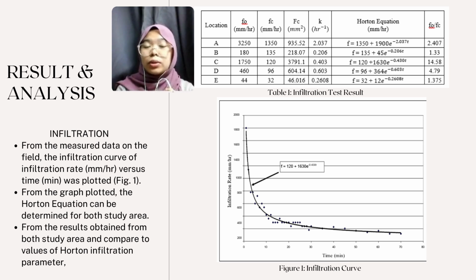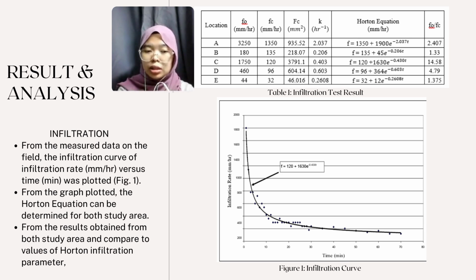We know that f is infiltration capacity, f naught is initial infiltration capacity, fc is final infiltration capacity, and k is an empirical constant. This equation assumes that the rainfall intensity is greater than the infiltration capacity at all times and that the infiltration rate decreases with time, based on Bedient and Huber in 1992.